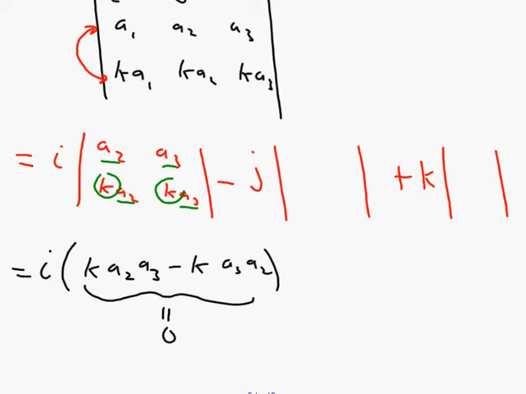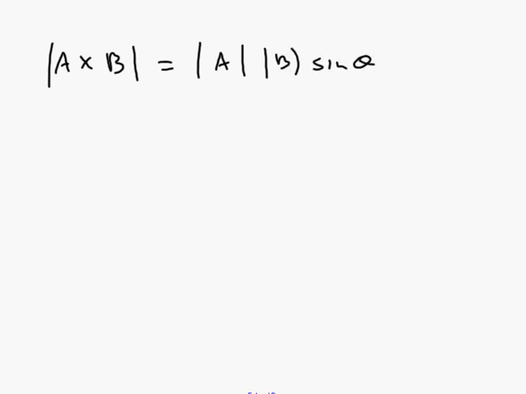Okay, what else can we say? We can also talk about this geometrically. We have this property that the norm of A cross B is equal to the norm of A, times the norm of B, times the sine of theta. My claim is that you've seen something like this a long time ago.